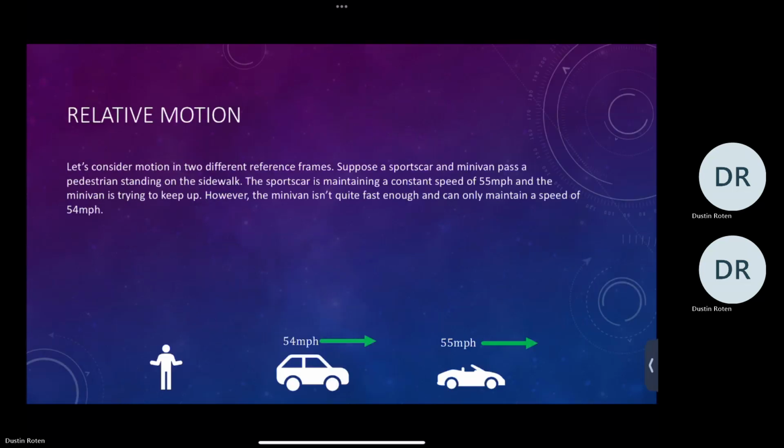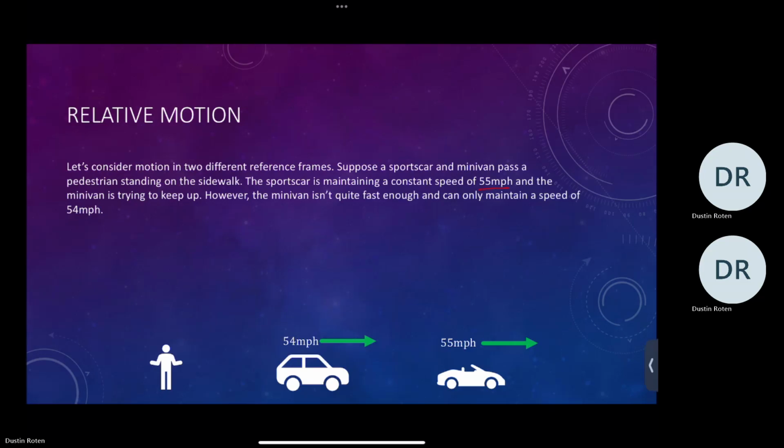So let's think about just a really simple example here. Let's consider the motion in two different reference frames. Suppose a sports car and a minivan pass a pedestrian standing on a sidewalk. Okay, so you can see our pedestrian down here and our minivan and our sports car. So the sports car is maintaining a constant speed of 55 miles per hour.